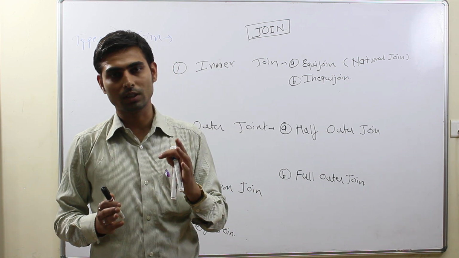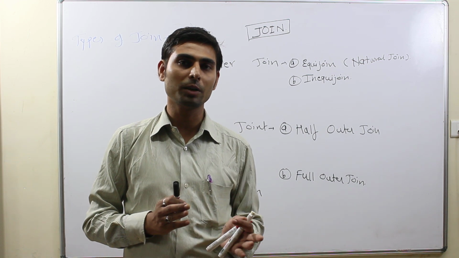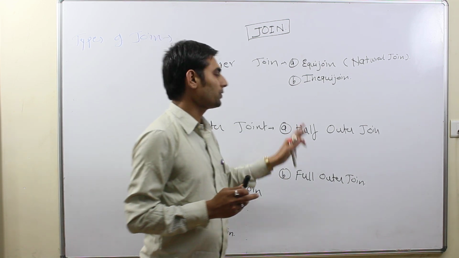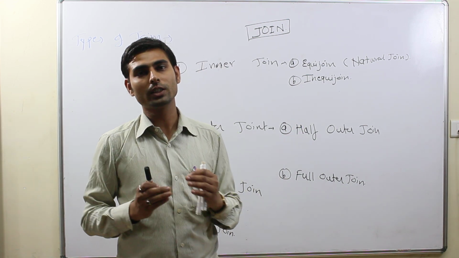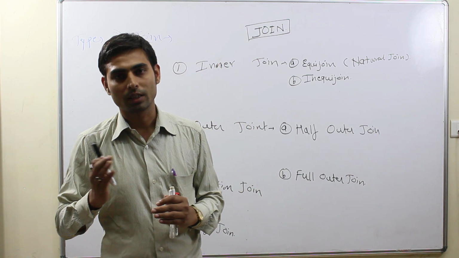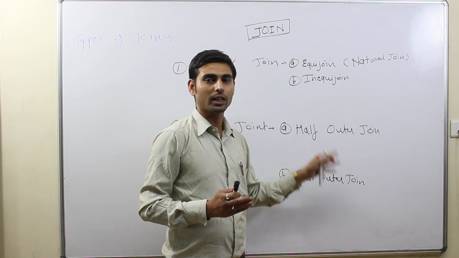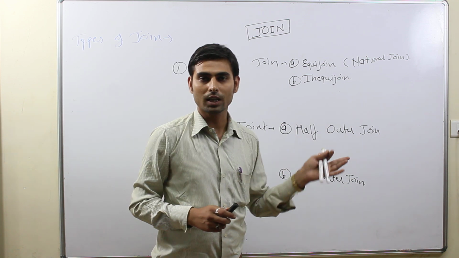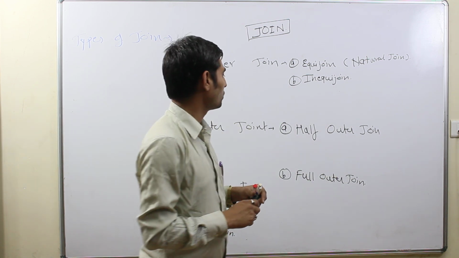If I give all the data from the left hand side table, then it is called left outer join. If I give all the data, meaning matched data as well as unmatched data, from the right table, that is called right outer join. So half outer join can be classified in two types.